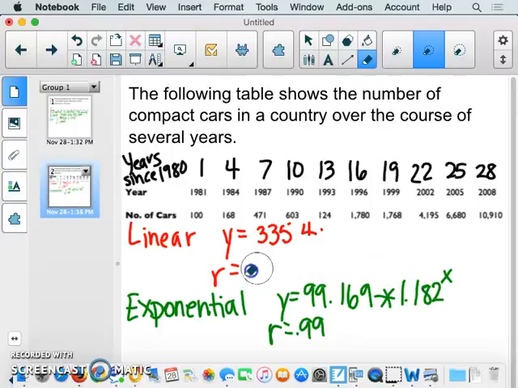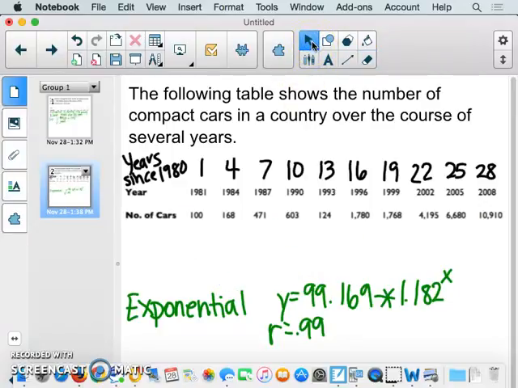So I'll go ahead and get rid of this linear stuff. And I'll start my sentence by saying the compact car is increasing at a rate of about 18.2%.